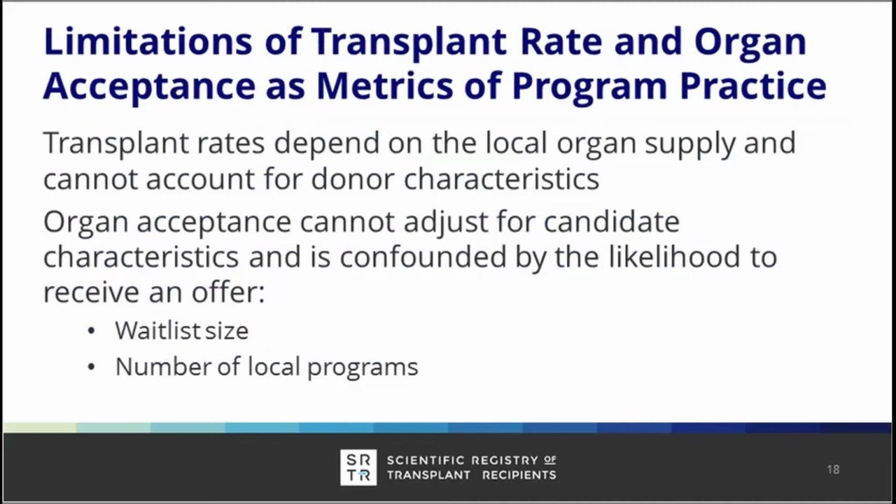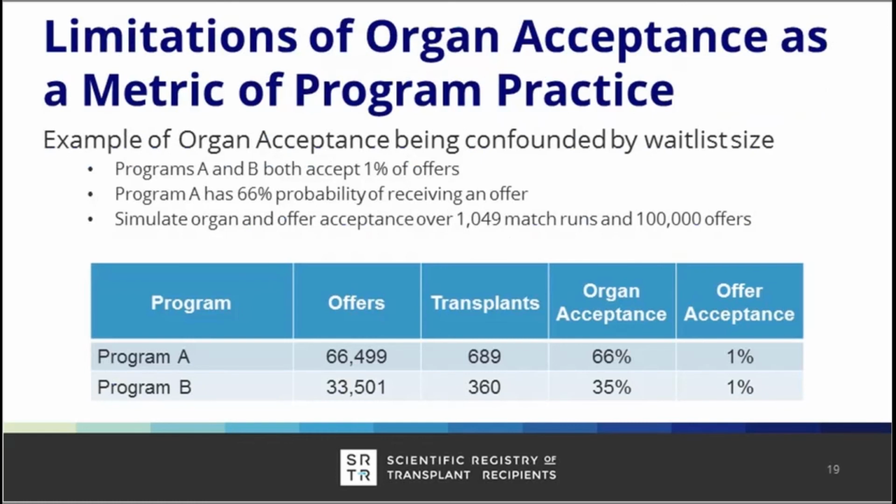They are mainly that it's influenced by the waitlist size, and it can be influenced by the number of local programs in your area. In other words, the competition in your area can influence this, so things that are external to your offer acceptance aggressiveness.